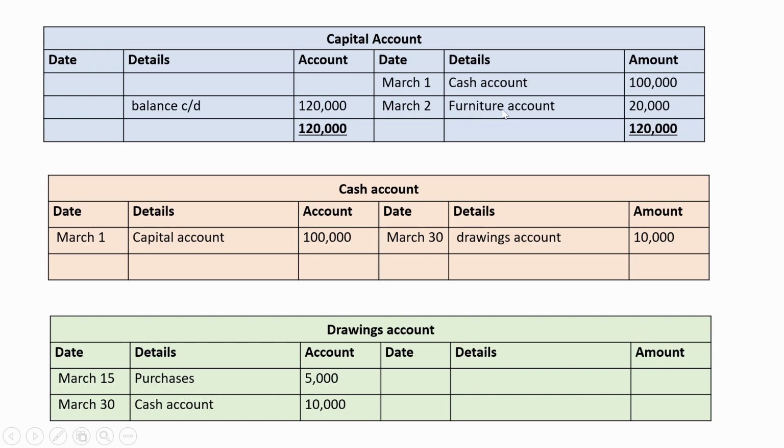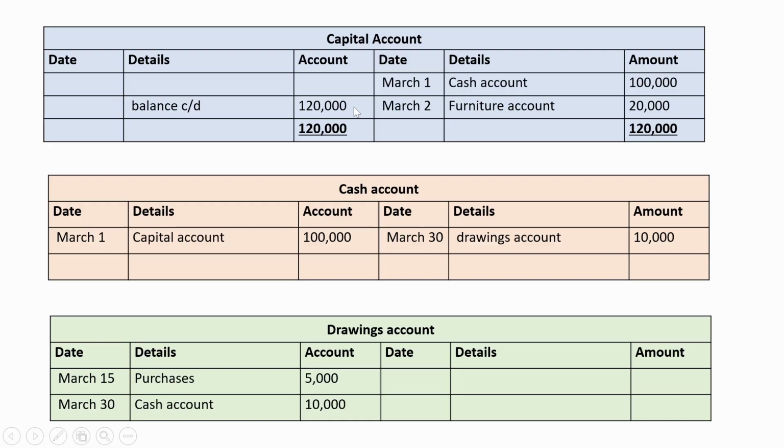So the furniture that was brought from home increases capital. So we also credit the capital account. The other entry, we debited the furniture account. So it was an increase in asset and an increase in capital. By the end of the period, Kamau will have a total capital of 100 plus 20, which is 120. Therefore, the balance carried down in the capital account is going to be 120,000.